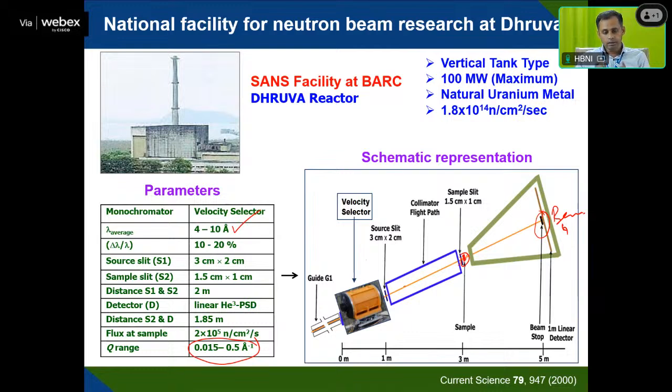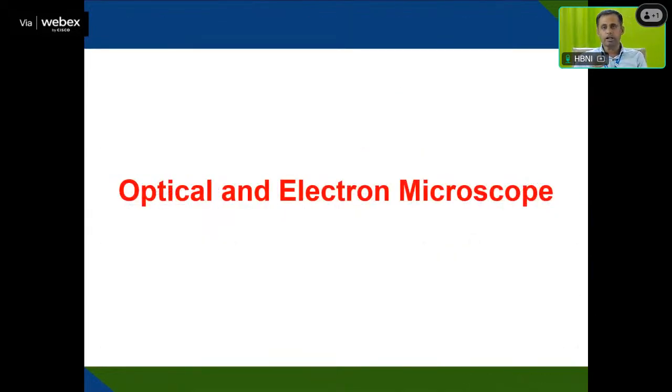So far I have covered mainly diffraction and scattering techniques. Next we will go to optical and electron microscopy. All the earlier techniques were based on scattering and diffraction; now it is about optical or electron microscopy.